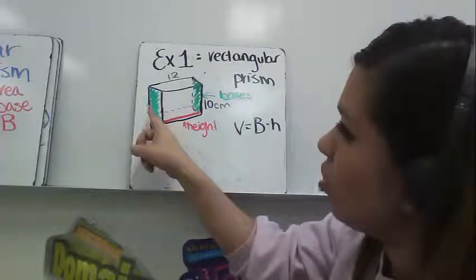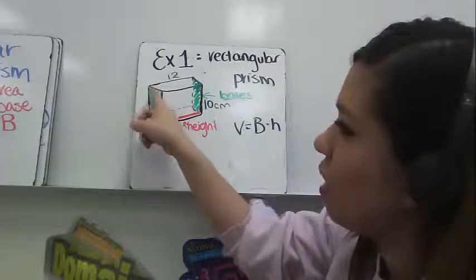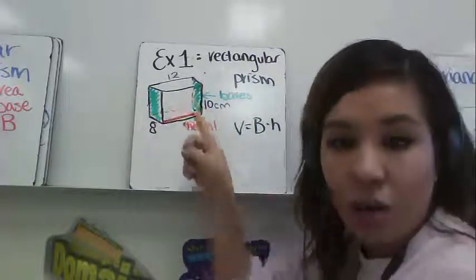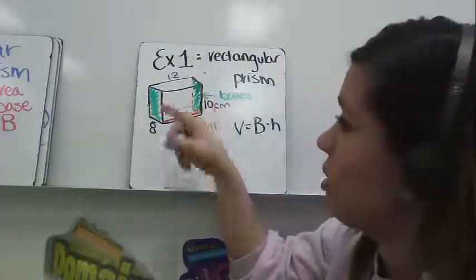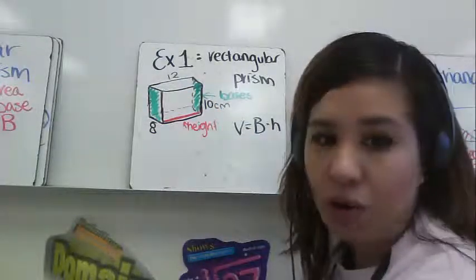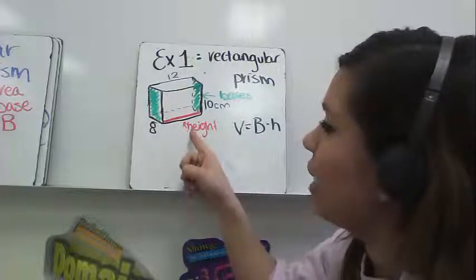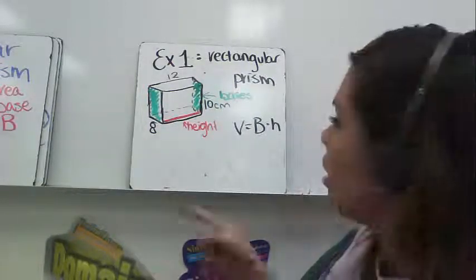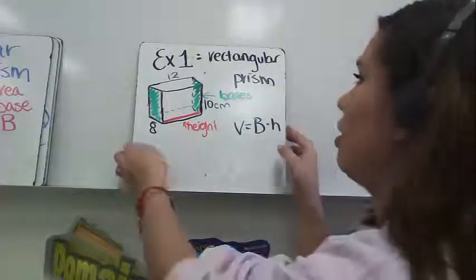So I shaded in the bases with green. I have this base and this base, and realize that they're not always on top. These are my bases because all of these are different. My height is the distance between the two greens, the two bases, and I'm going to use this formula. Let's apply it.